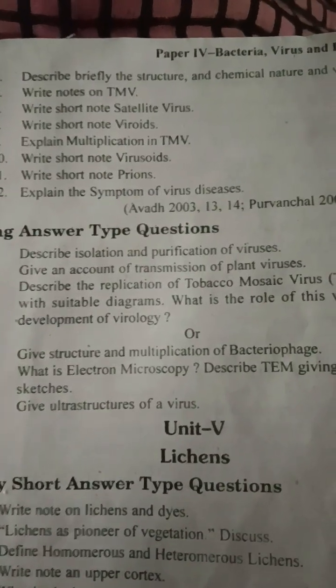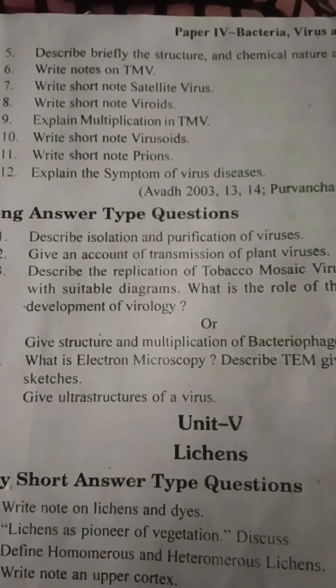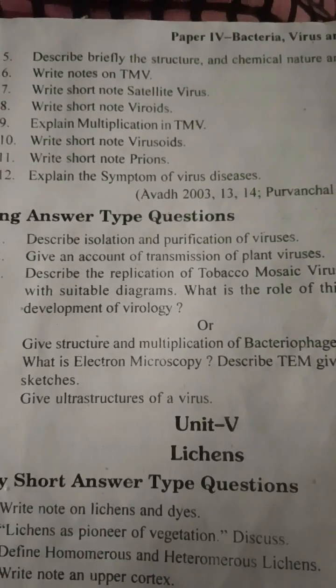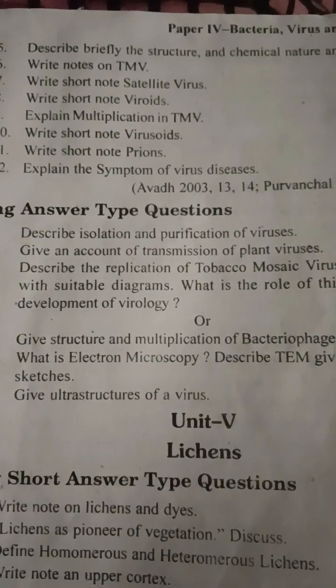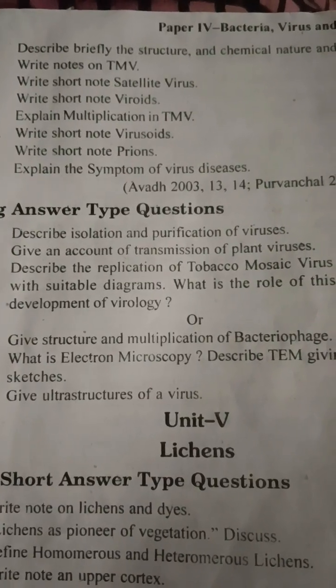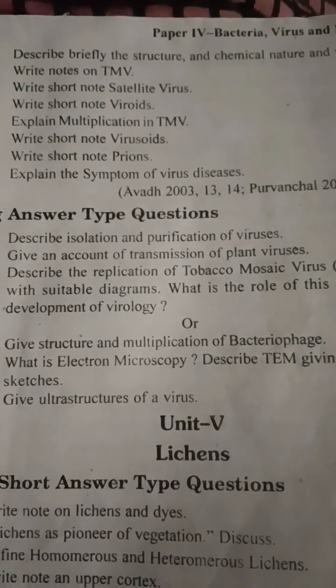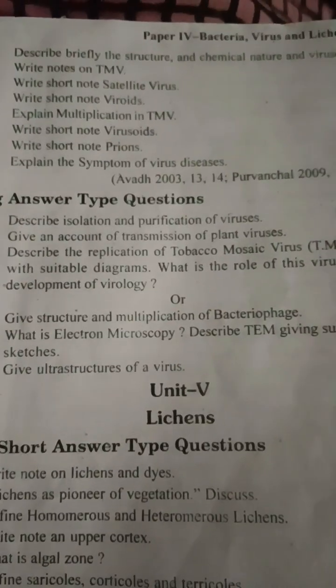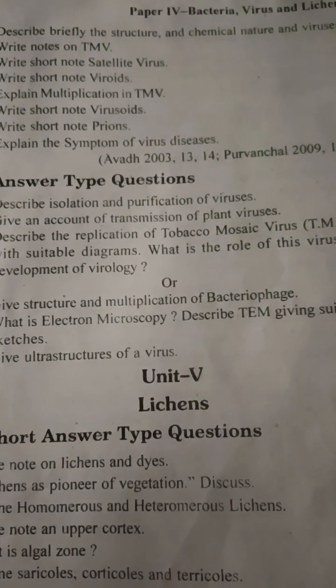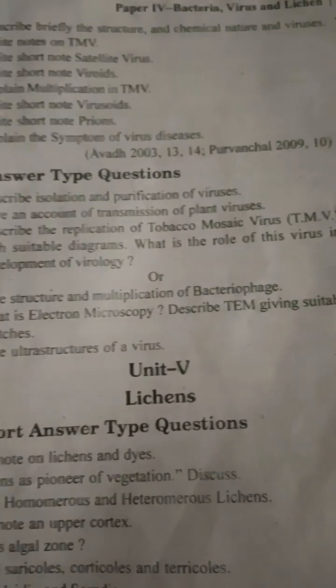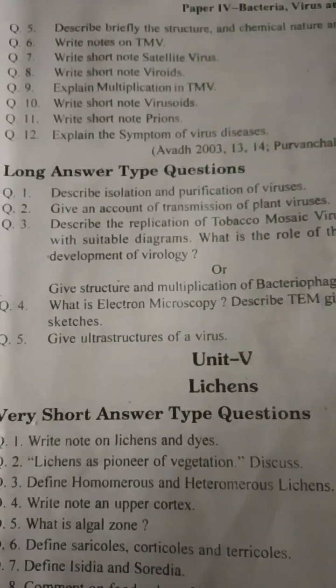Describe briefly the structure and chemical nature of viruses. TMV, satellite virus, viroids, multiplication in TMV, short notes on virusoids, prions, explain symptoms of virus diseases. You can see these were asked in the exam in 2023, 2013, 2014 and 2019.